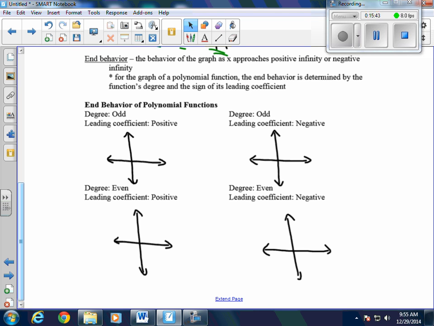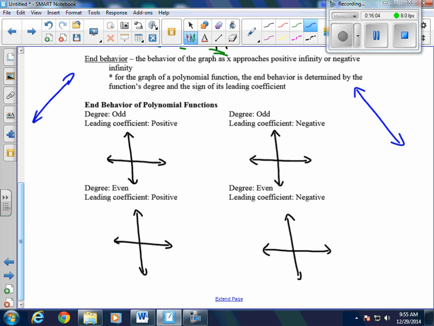So if we had a positive slope, we knew that our linear graphs look like this. If we had a negative slope, we knew that the graph looked like this. The same thing is going to be true for all odd functions.